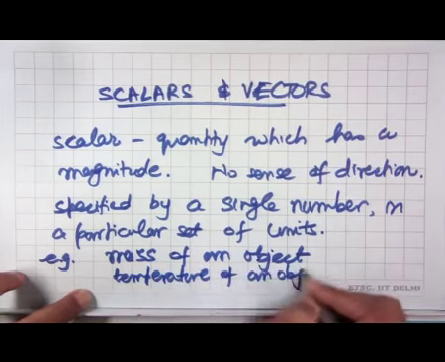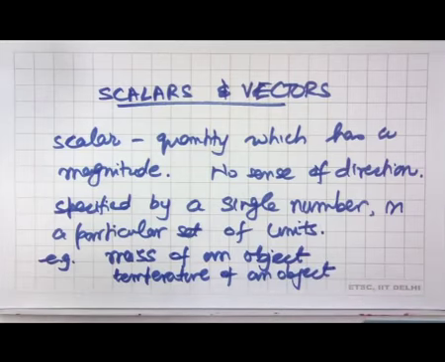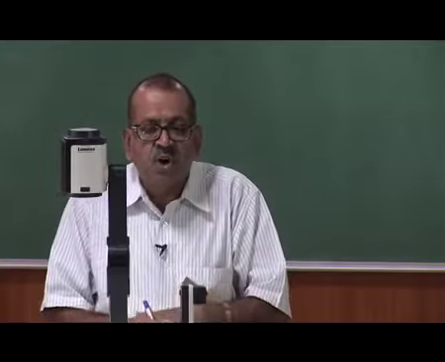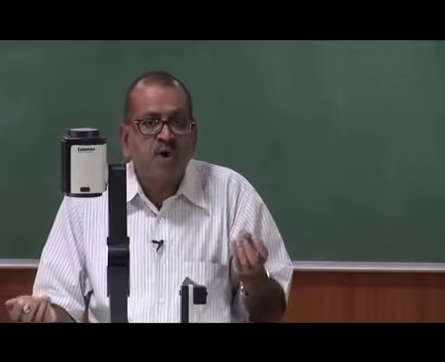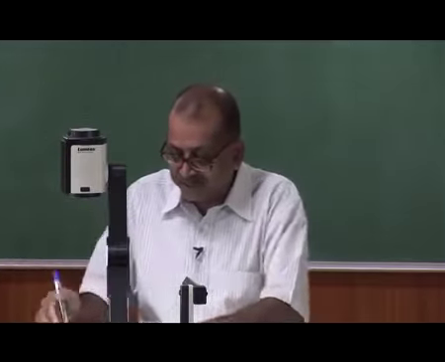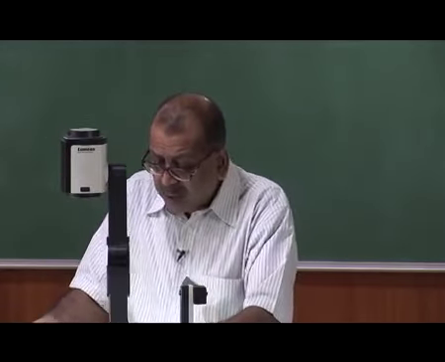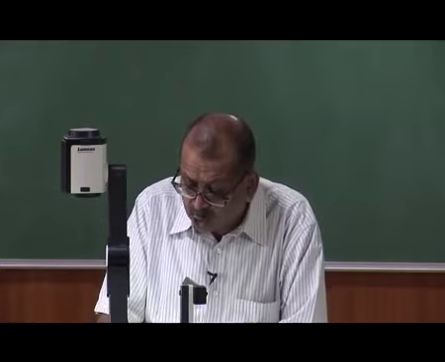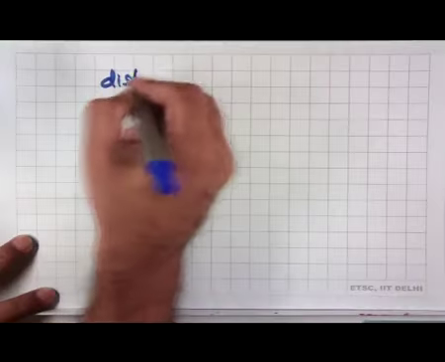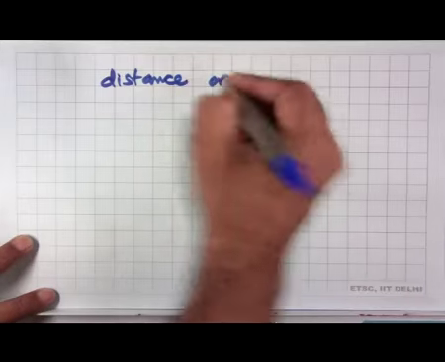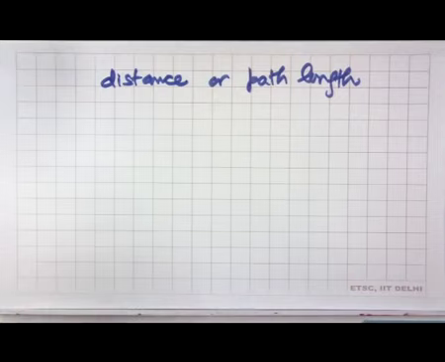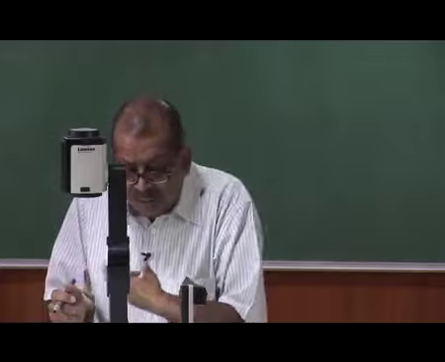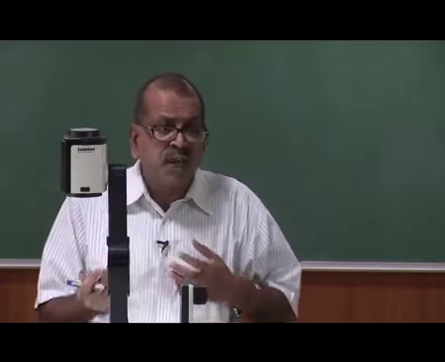When we measure someone's body temperature, we say it is 37 degrees centigrade or 98.6 degrees Fahrenheit, the normal temperature of the human body. Again, there is no sense of direction. Even when we talk of motion of a point, the quantity which we called distance or the path length, the total distance a point moves when going from A to B, has no sense of direction involved.